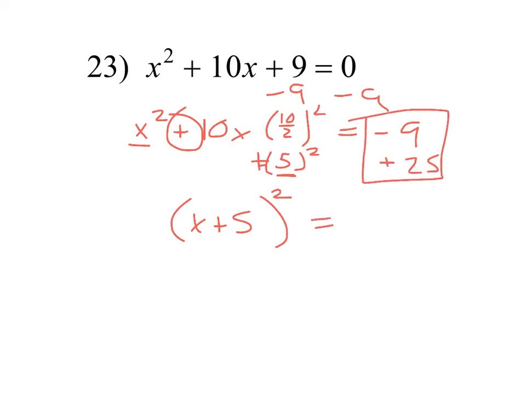So it's negative 9 plus 25. That is 16. And I do the square root. Perfect. So you get x plus 5 is equal to what? Plus or minus 4. Now what do we do?